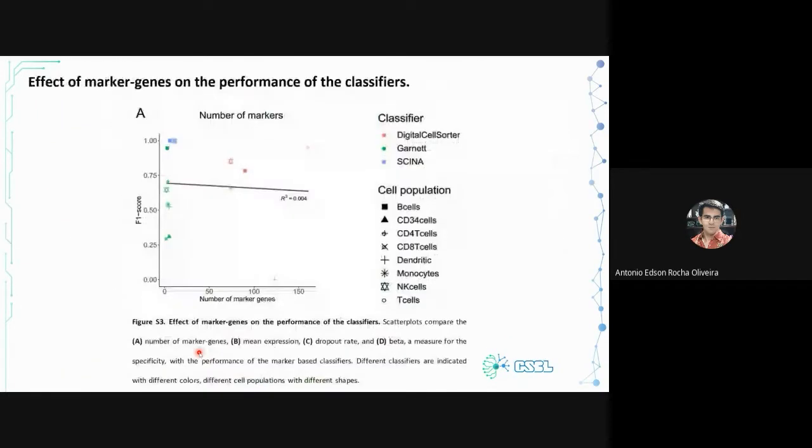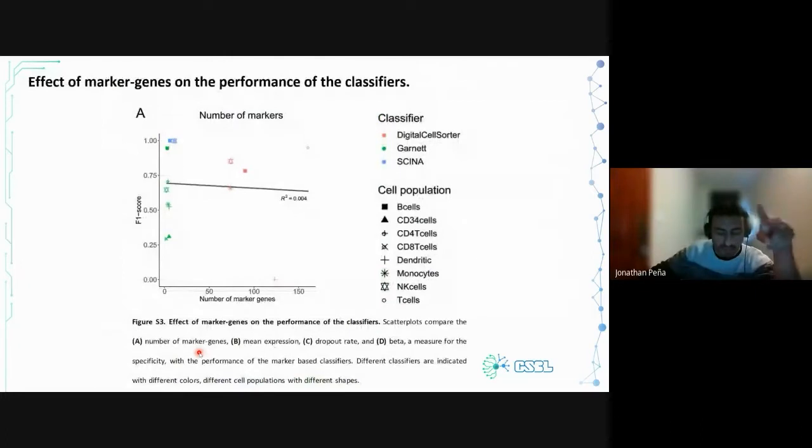Okay. So for the category of methods that use prior knowledge, they evaluate if the number of markers changes the performance of the classifier.